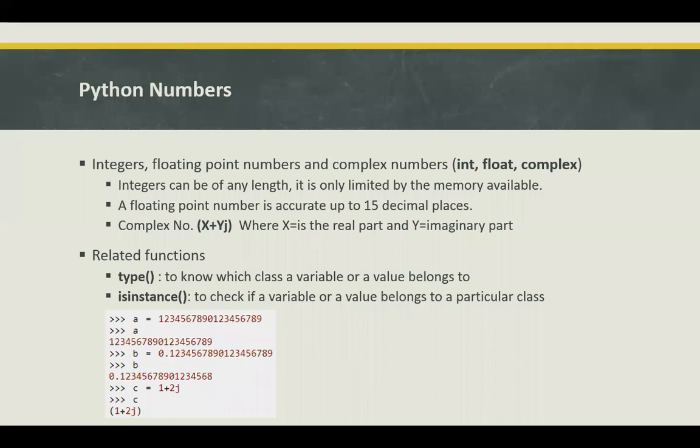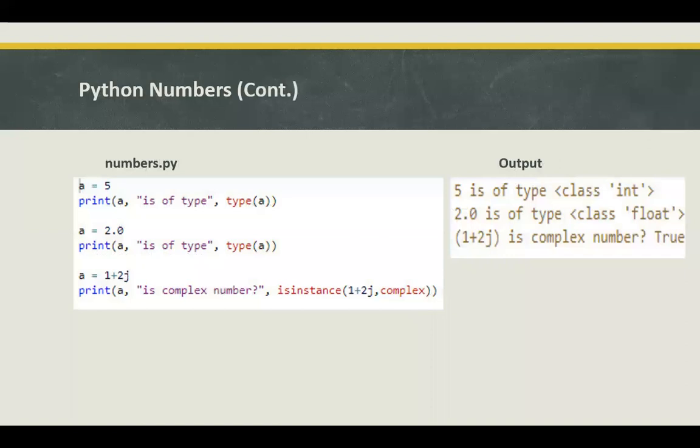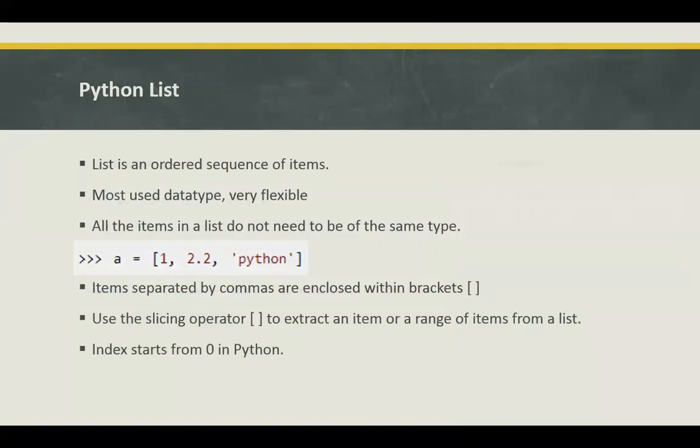We even saw examples, like a = 5, that is an integer; 2.0 is a float; and 1 + 2j, that is a real plus imaginary part, so it is a complex number. We have seen how we can identify the type. Up to this point we discussed in the last lecture. Now today we'll cover the remaining data types.